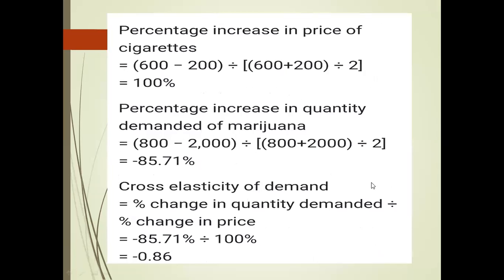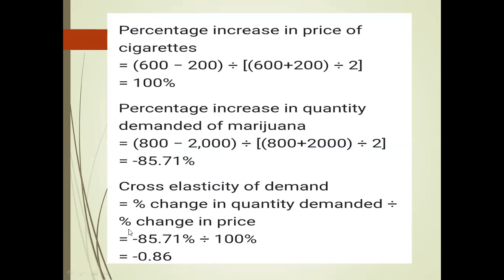So cross elasticity, we know, is the change in the quantity demanded over the change in the price. The quantity got decreased, from 2000 kgs earlier to 800 now. So a minus value divided by 100, and this value will come to minus 0.86.